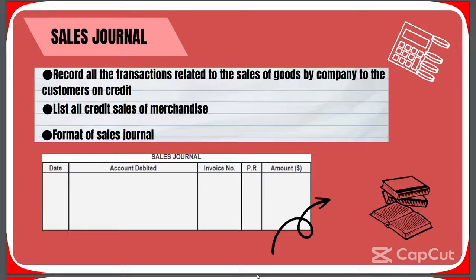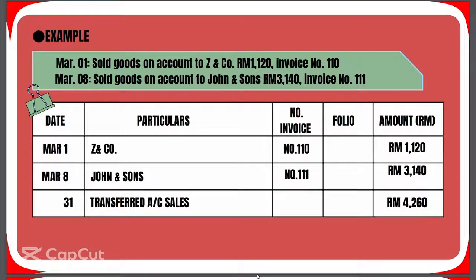The format of the sales journal includes date, particulars, invoice number, folio, and amount. The example for the sales journal: 1st March, sold goods on account to Z&Co, 1,120 ringgit, invoice number 110. And 8th March, sold goods on account to John and Son, 3,140 ringgit, invoice number 111.